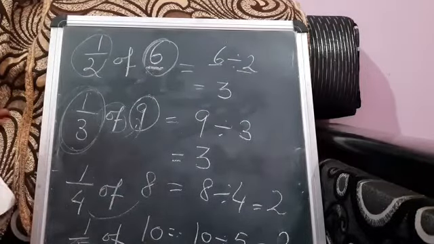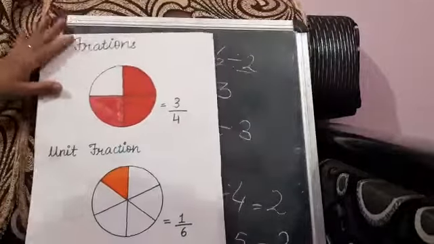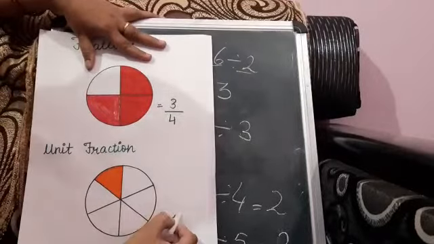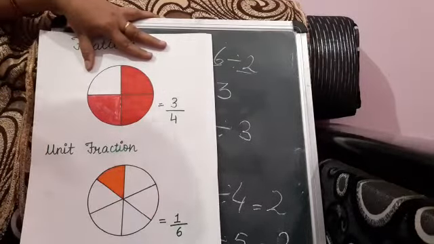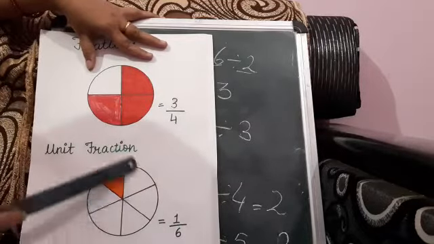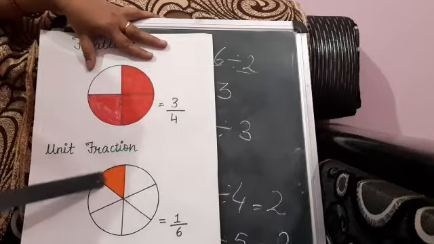Okay, now I will explain this with an example also. For example, in this unit fraction, what is a unit fraction? In which the numerator is 1 and the denominator may be any positive number. In this figure, I am taking a circle and I am dividing it into 6 equal parts. We may divide the thing into how many parts?